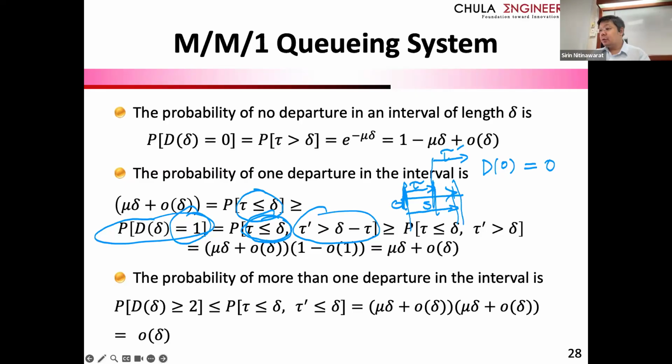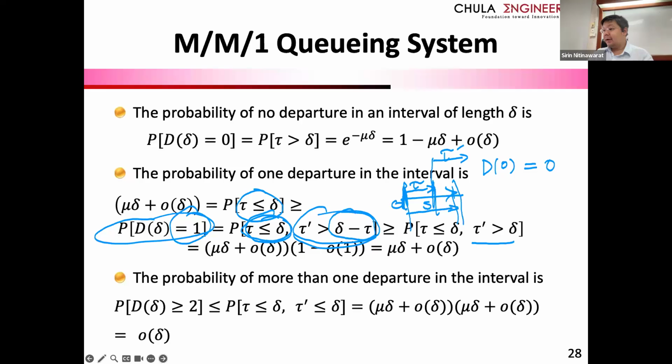So this must be true. But this is a lower bound on tau prime. If I want to further lower bound this event, I can relax the lower bound, right? I can drop tau. So I get the lower bound on this probability, right?